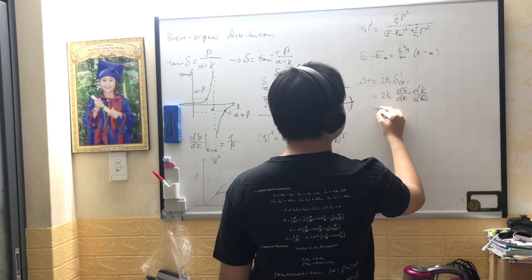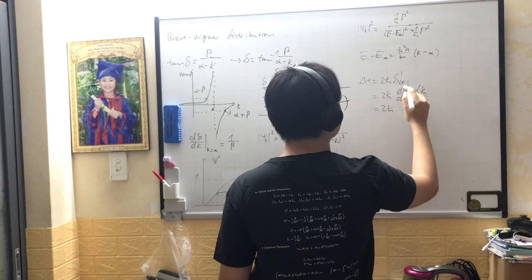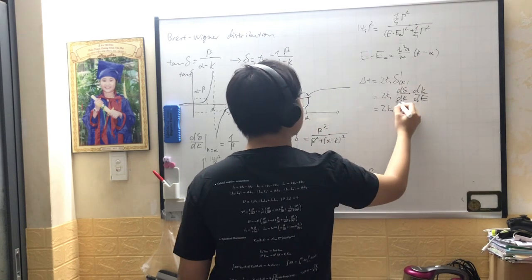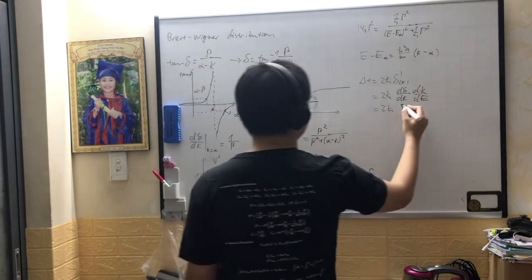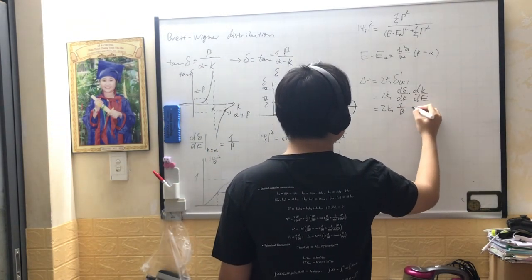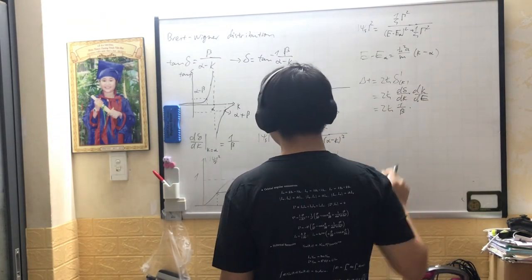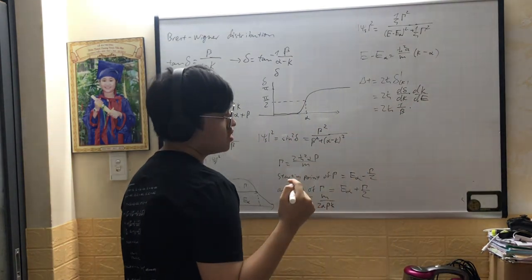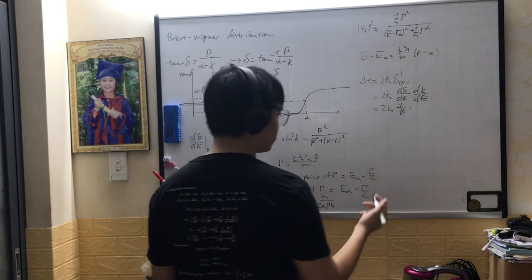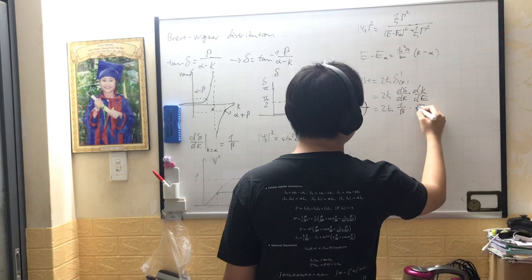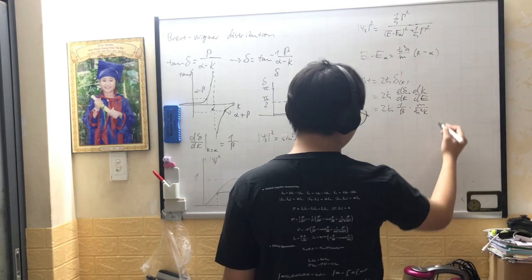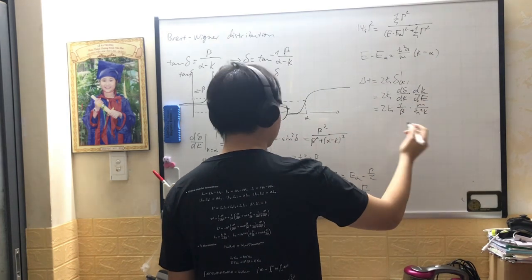Okay, and here as this guy we take the value at alpha, that would be 1 over beta. And this guy, well, remember, dE dk is, well, h bar squared k over m. So this, you flip it, m over h bar squared k. Okay, sorry.